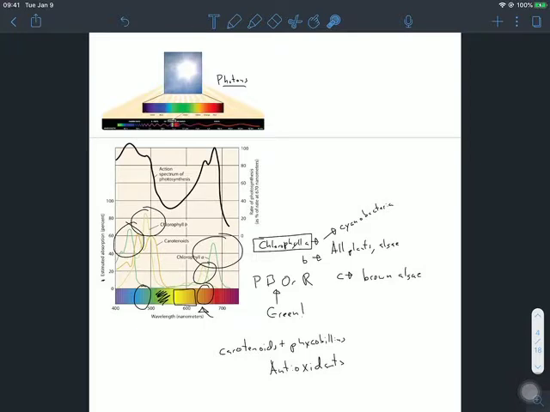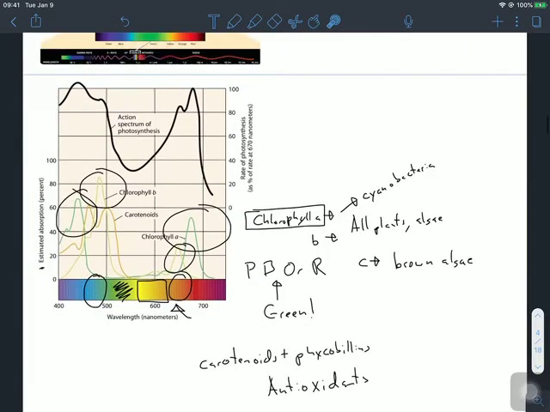Now, one thing that I didn't mention was why chlorophyll does not use this green spectrum. Well, this is kind of an interesting fact to start the lecture with, is that water does not transmit green light very well. It absorbs it.